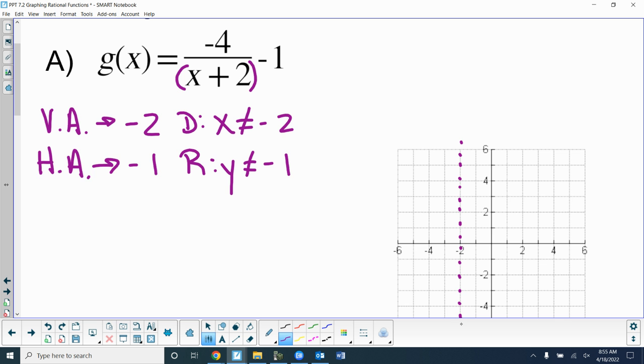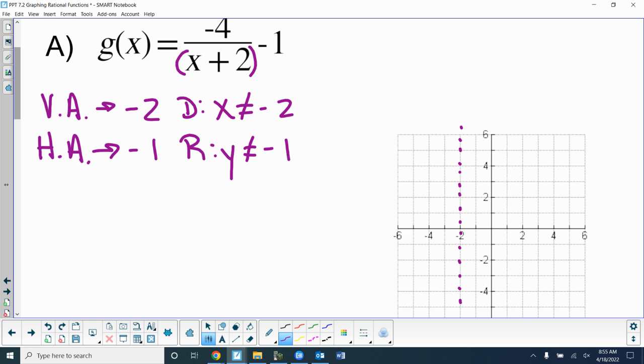A little higher, I guess. And then horizontal at -1 would be like that.